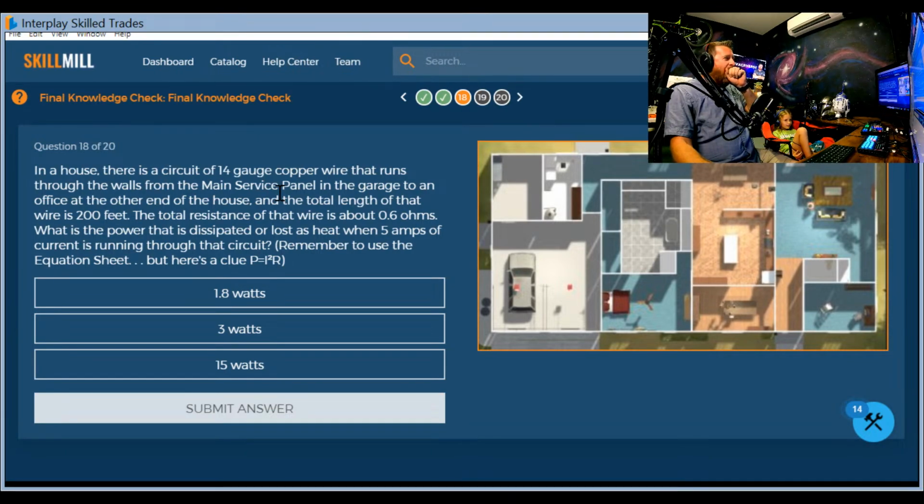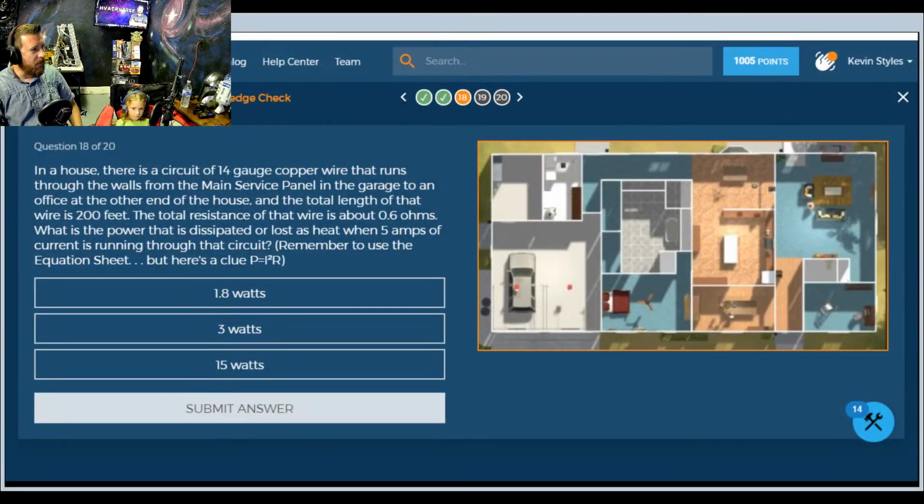In a house, there is a circuit of 14 gauge copper wire that runs through the walls of the main service in the garage to an office at the other end of the house. The total length of that wire is 200 feet. The total resistance of that wire is about 0.6 ohms.